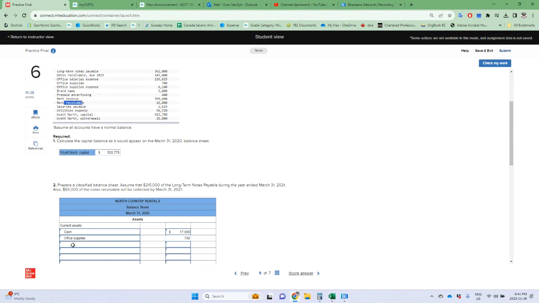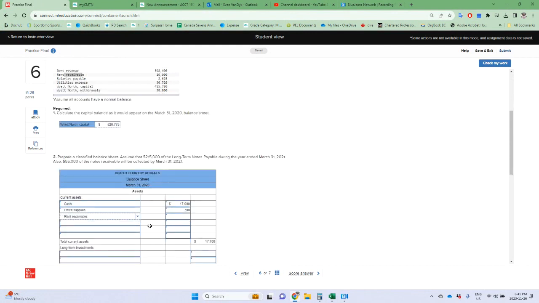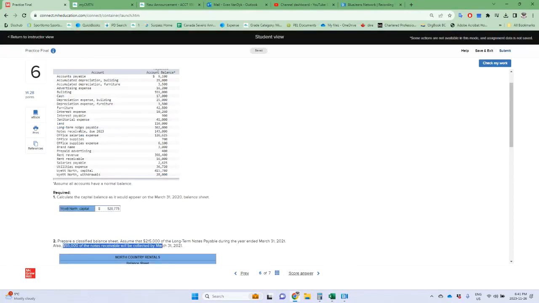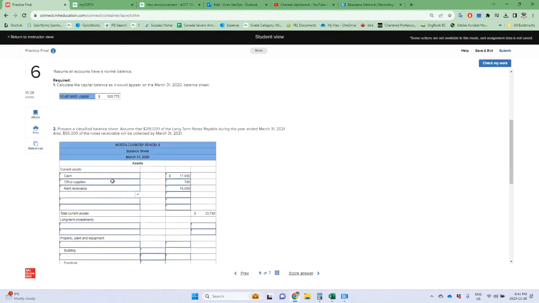Rent receivable of 16,000. Assume that 215,000 long-term notes payable are due in March. And 55,000 notes receivable will be collected March 31st. We have our current portion of this of 55,000.